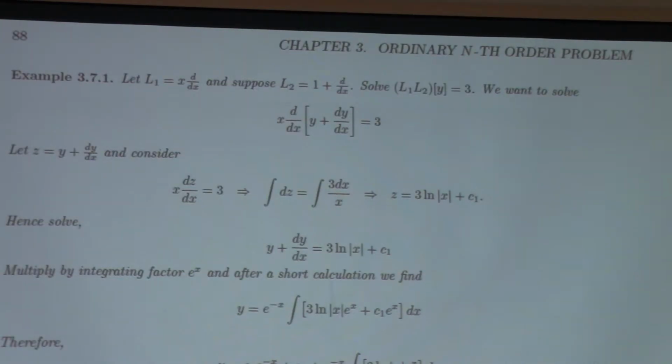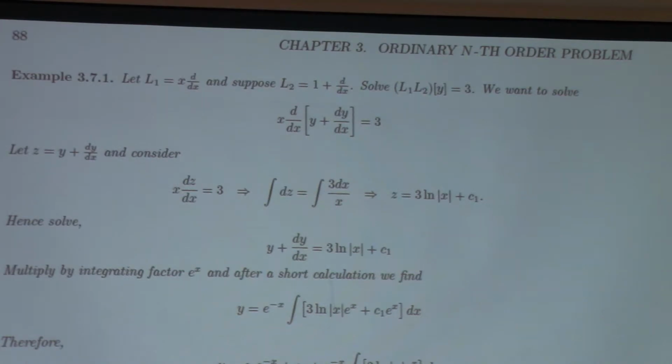Here's an example. Solve L1 L2 y equals 3, where L1 is x d/dx, and L2 is 1 plus d/dx. So I let z equal L2 y. Then I want L1 z equal to 3.